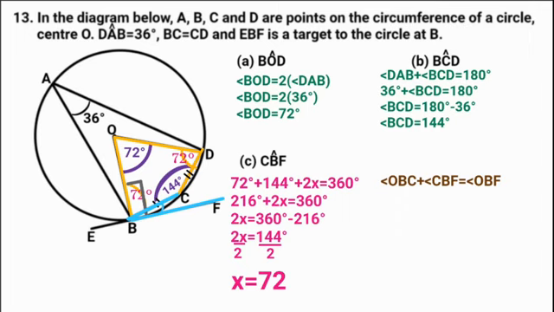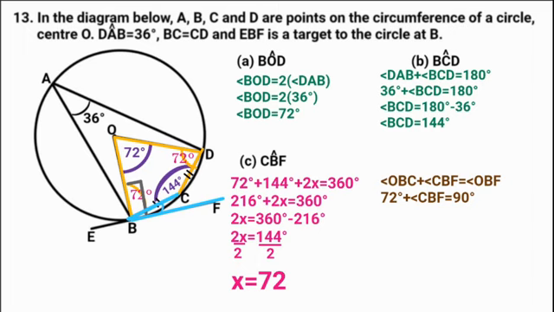We have found that OBC is 72 degrees. CBF we haven't found, that's the one we're investigating. So 72 plus angle CBF is equal to 90 degrees.